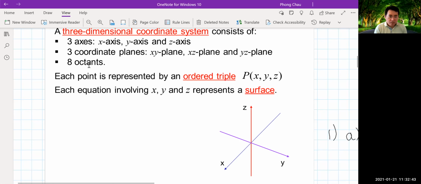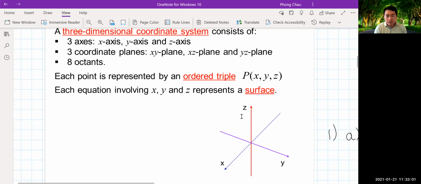And we have 8 octants. Basically these XY, YZ, and XZ planes cut your space into 8 equal regions. We call them octants.